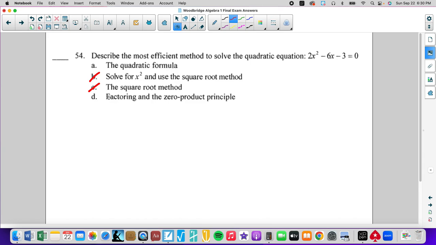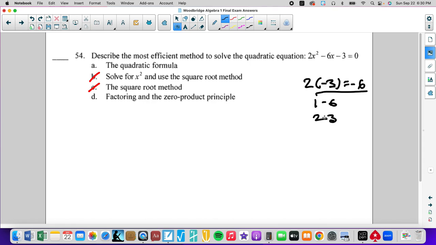We could do that, but factors of -6, factors of 6 that subtract to make, no. So if we do a times c, this is my A, this is my C. That gives me -6. Factors of 6 are 1 and 6, 2 and 3. When subtracted equals 6, signs are different.